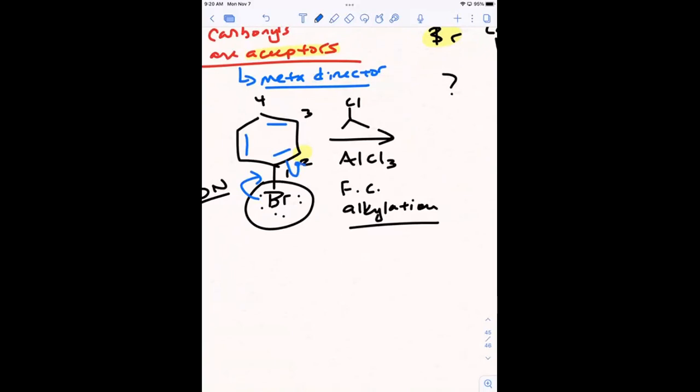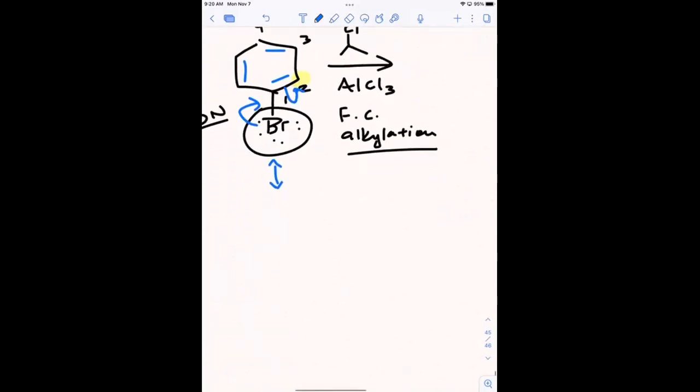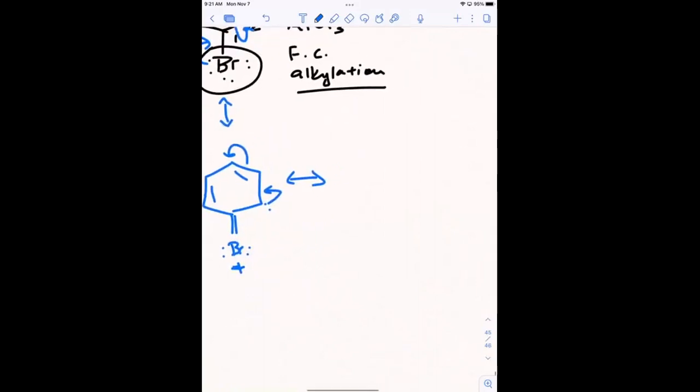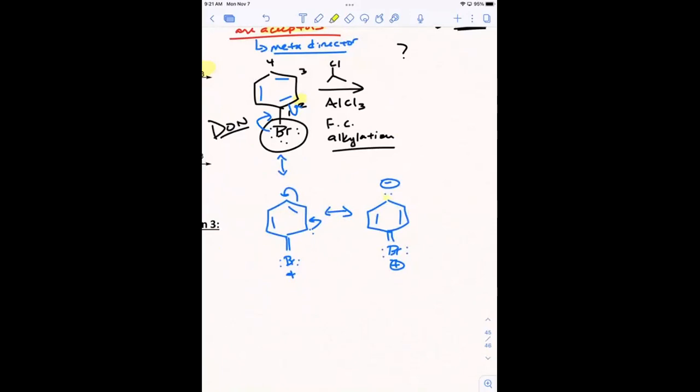And then, if we have electrons on carbon 2, we'll also have a pair of electrons on carbon 4 if we draw the subsequent resonance form. That's also going to put electrons at 4. Right, so those are the spots that get activated and can add an electrophile, 2 and 4.